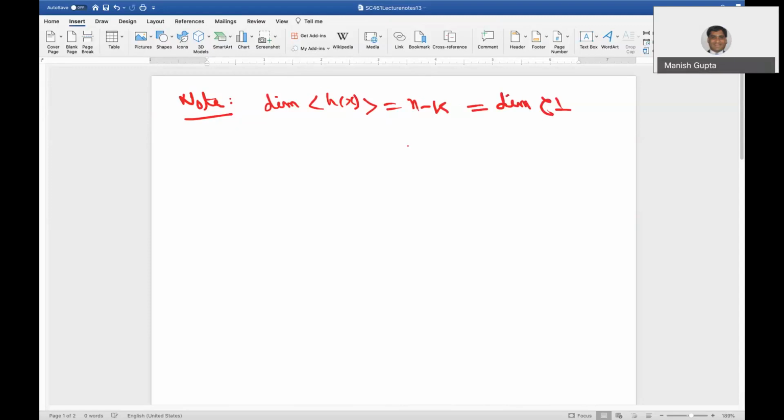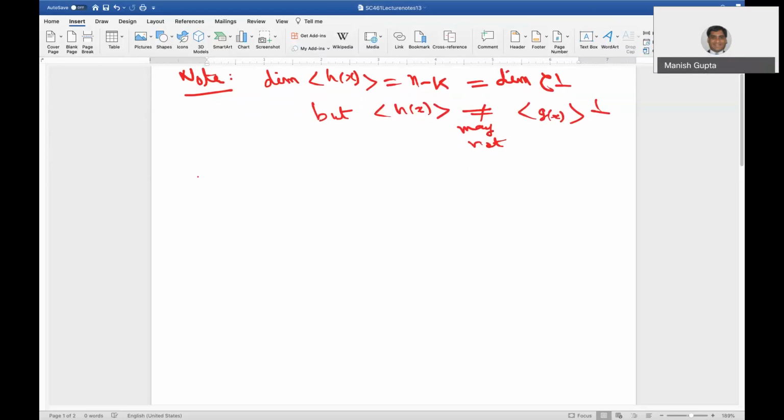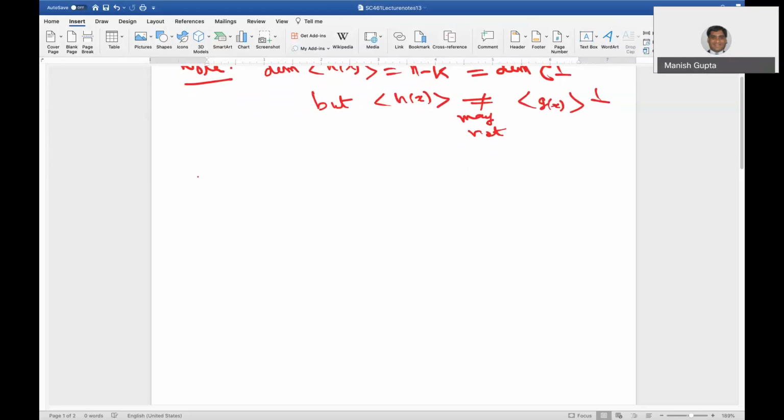So many times people are confused that if we take h(x) as a generator polynomial, we will get the code C perp, but that is not true. As I mentioned, the code generated by h(x) may not be equal to the actual dual code of C. So then what is the result? I'm going to mention the main result now here.